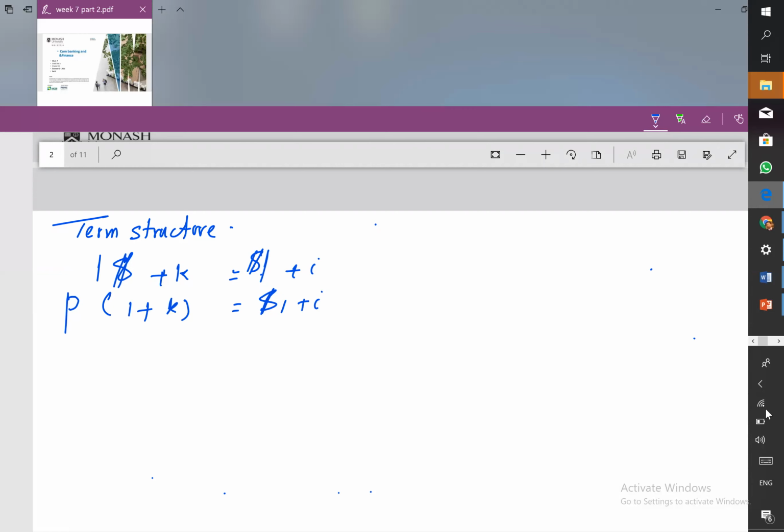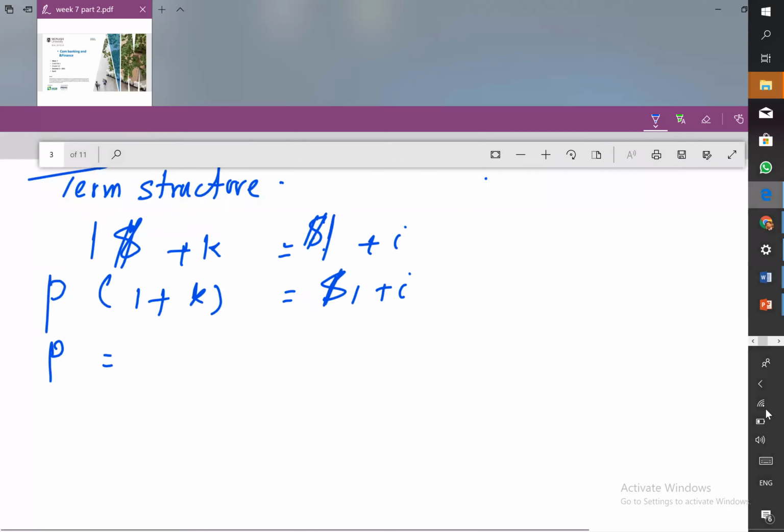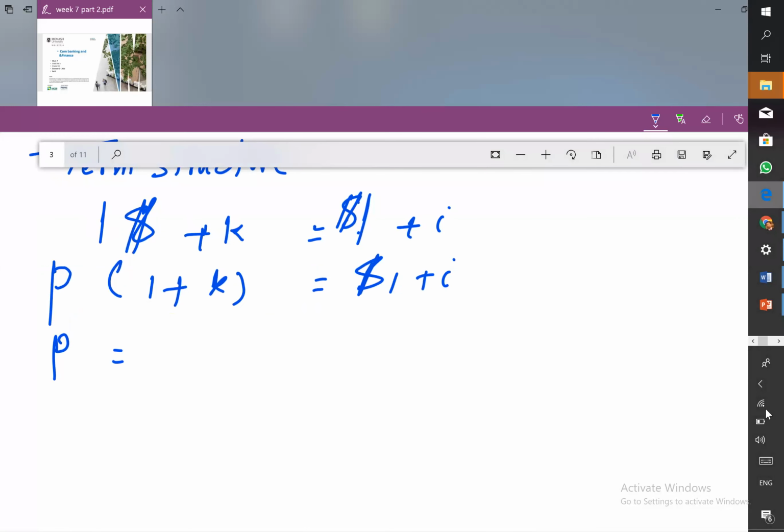And therefore, I can calculate the probability of payment, which means I can say B equals 1 plus I over 1 plus K.